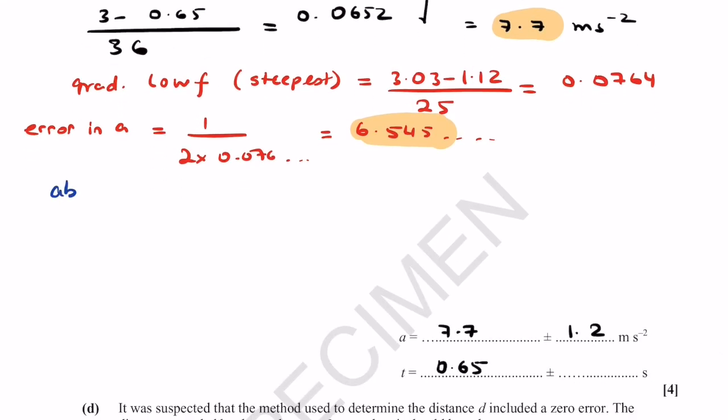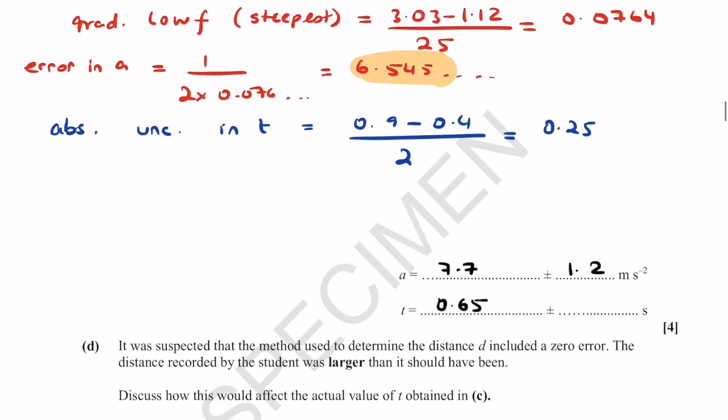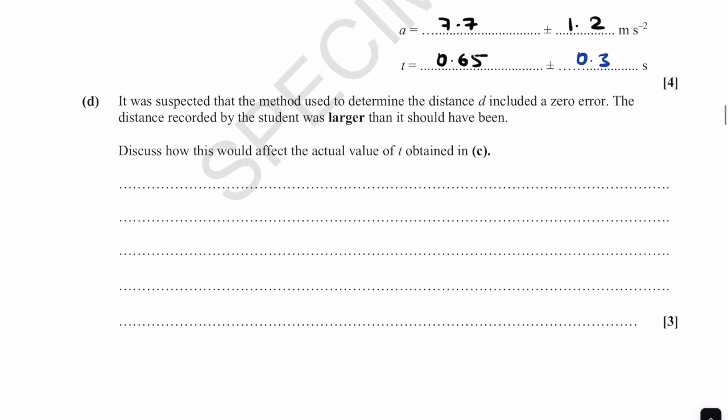So the absolute uncertainty in t is equal to 0.9 minus 0.4 divided by 2, which is 0.5 over 2, which is 0.25. And if I round that to one significant figure, just like how I have over here, it becomes 0.3 seconds. So that's part C done.